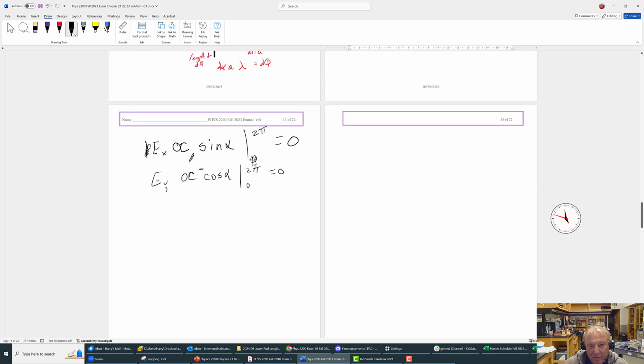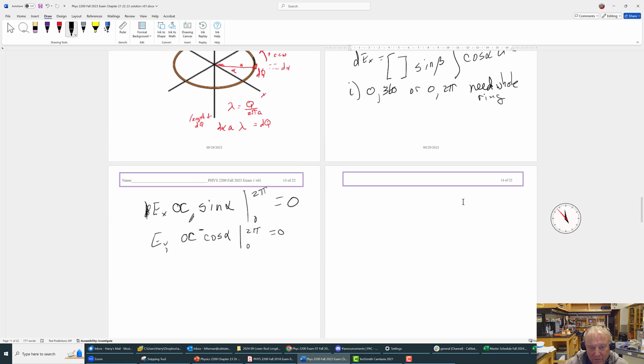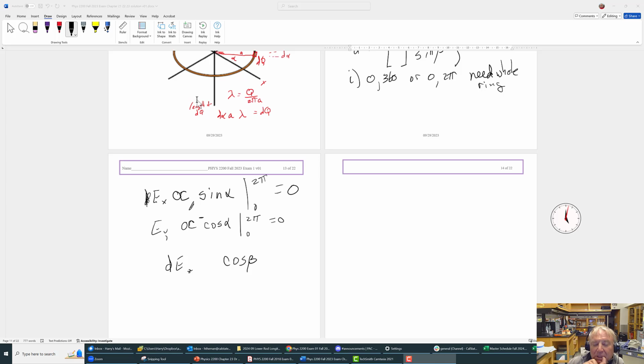And so now we're left with the z component, which is going to be proportional to cosine beta, just times d alpha.